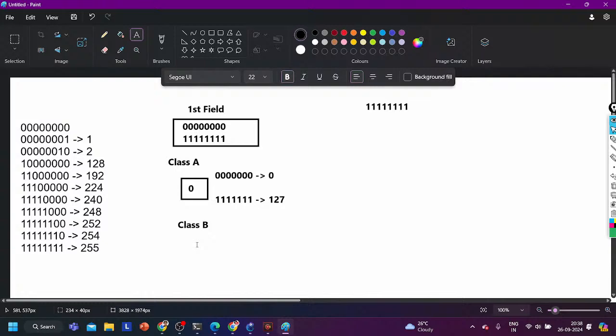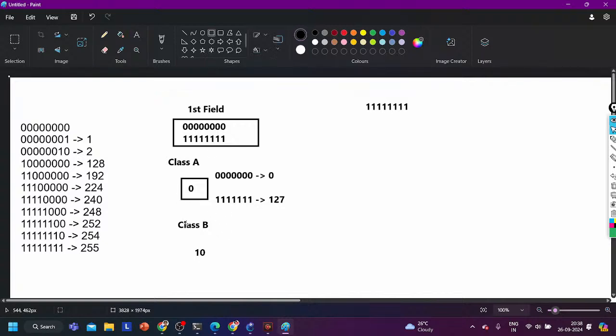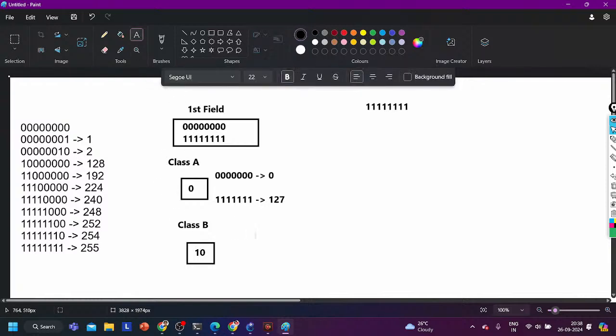I have reserved that the first bit is always going to be 1 and the second bit is always going to be 0. 2 bits are reserved for class B. So how many bits are free? 6 bits are free, because out of 8 bits I have reserved 2 bits, right? So if all 6 bits are 0, then I will get the minimum value, and if all these 6 bits are 1, then I will get the maximum value.